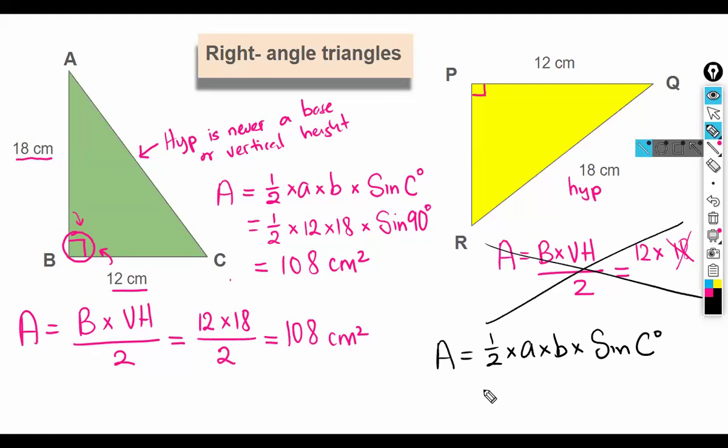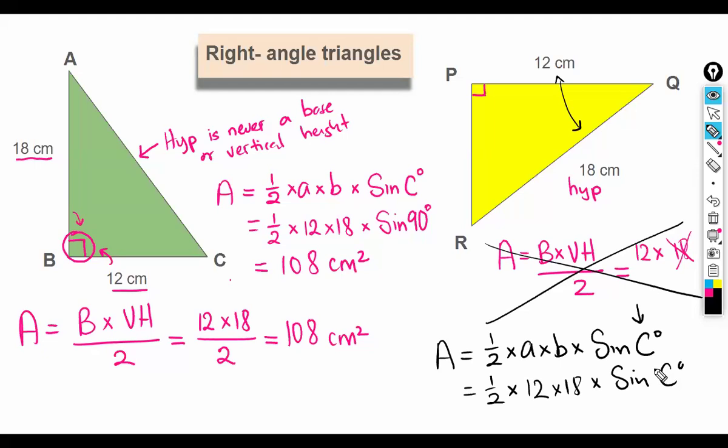So it's a half by A. They gave us the length of two sides. All right, 12 by 18. But I'm talking about right now. Number C is supposed to be the angle in between those two particularly given sides. Did they give us the angle in between the 12 and the 18?